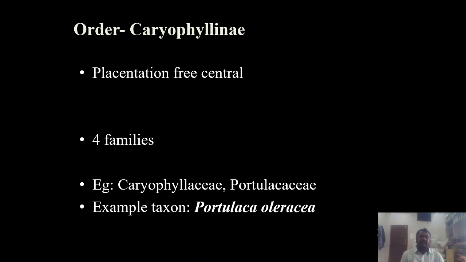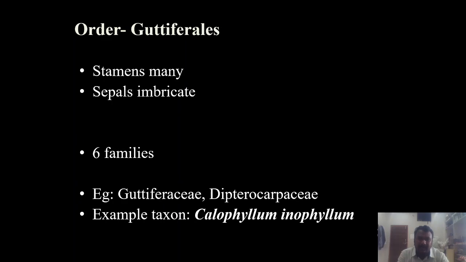The main character here is that the placentation is free central. Free central placentation is the main character for identification of Caryophyllinae. 4 families were recognized in this order. One is Caryophyllaceae and one is Portulacaceae. An example for this is Portulaca oleracea, which is very common in our areas.